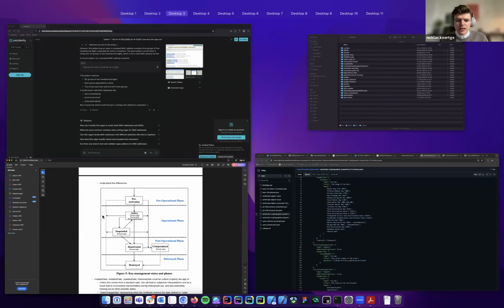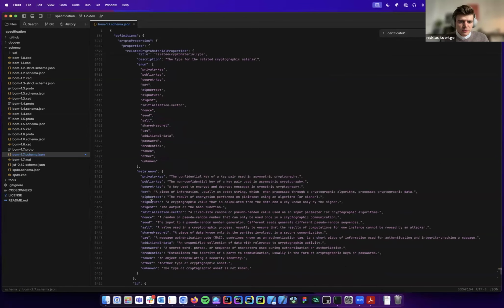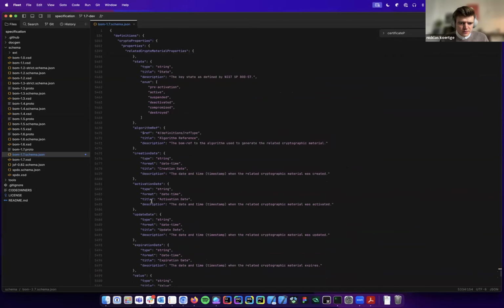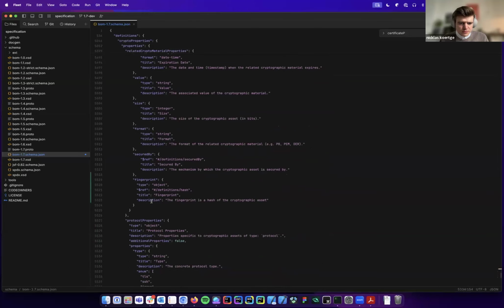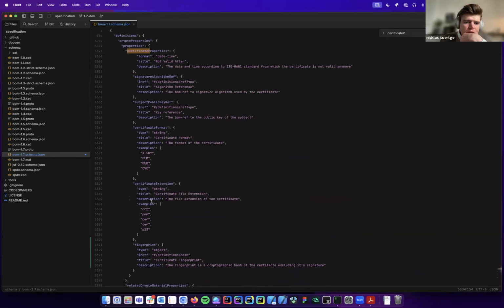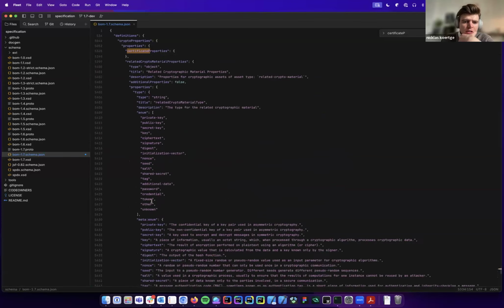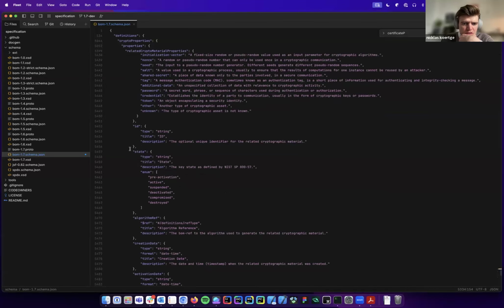But as part of the related crypto material, if I'm correct, because in a certificate it's not part of that. You don't have a state there. I think the state thing we only added here, and we have pre-active, active, suspended.